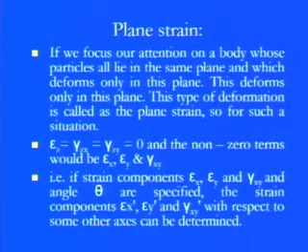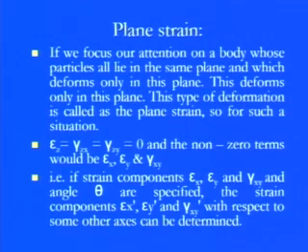Similarly, the strain components are also derived from those kinds of relations, and we can say that epsilon z will also be 0, because sigma z is 0, so obviously epsilon z will also be 0. Similarly, the other two shear strain components, gamma zx and gamma zy, will also be 0, because in plane stress we also computed that tau zx and tau yz are 0.